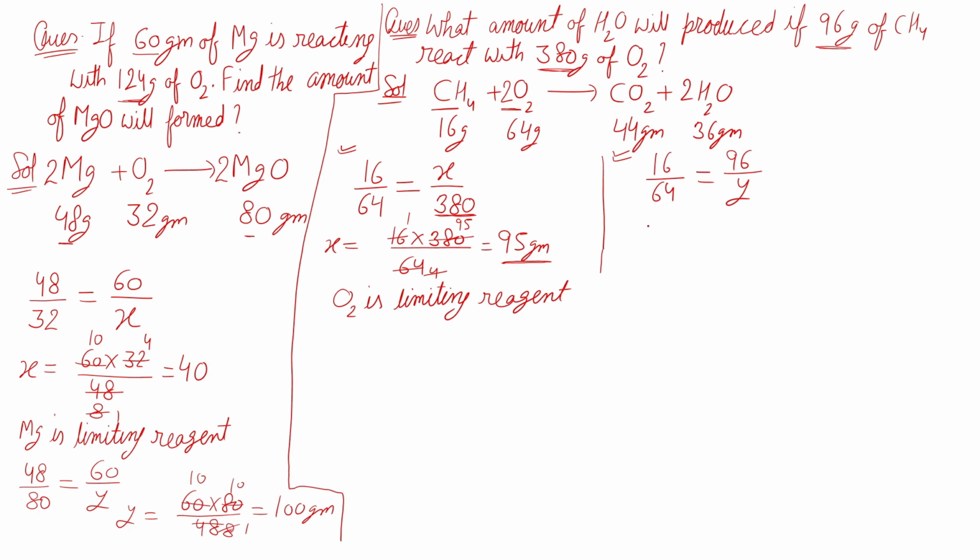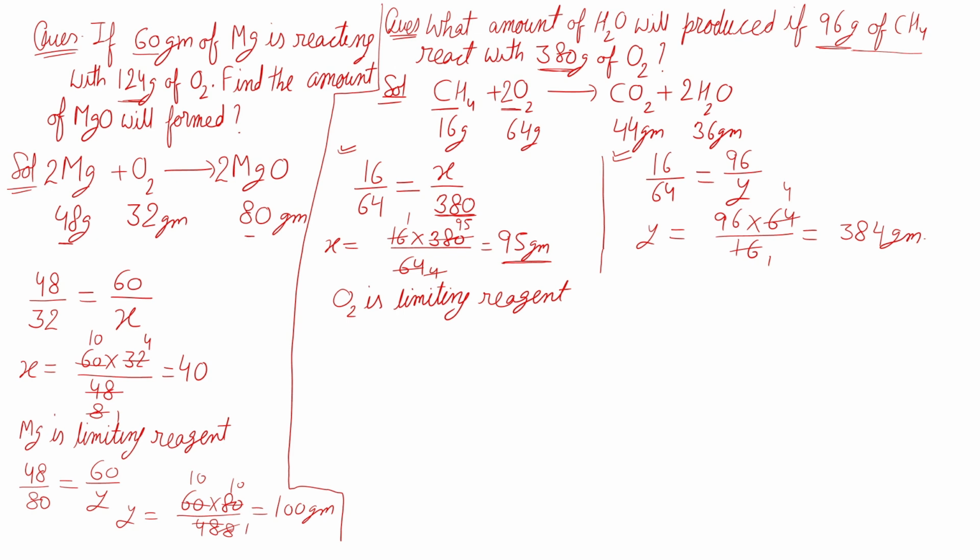Okay, so now we will find y. So if we want to find y, it will be like this. This value is coming. It means when 96 gram of methane, meaning total methane, is getting consumed, then the amount of oxygen required is 384 gram.